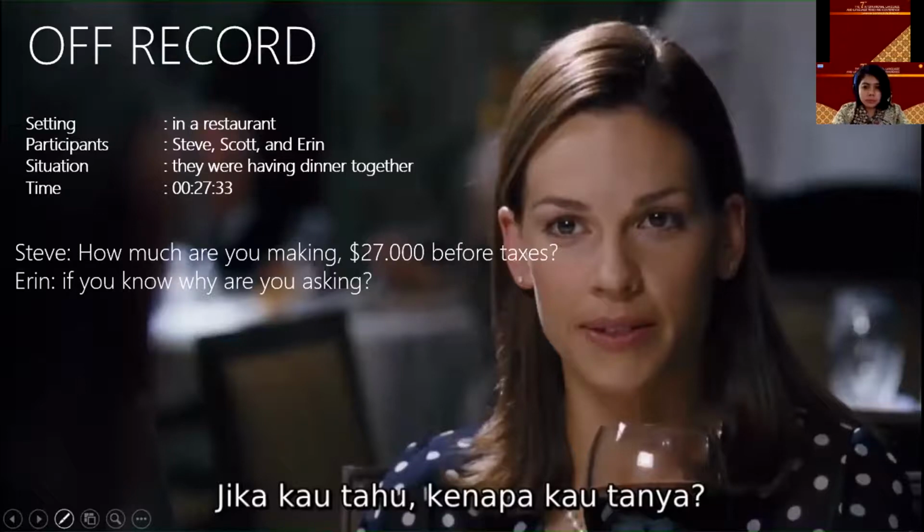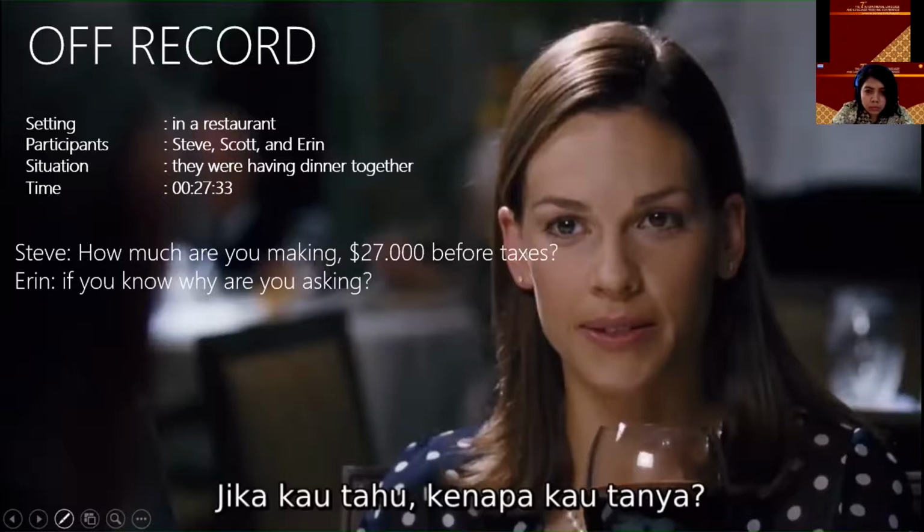So Erin couldn't control her emotion, and she wanted to say something direct to the father, but then she realized that he is Erin's father.